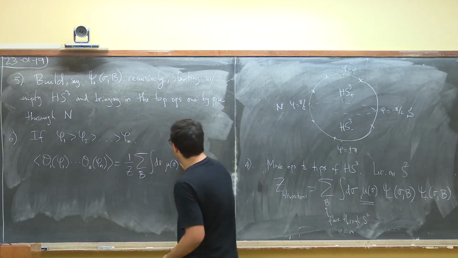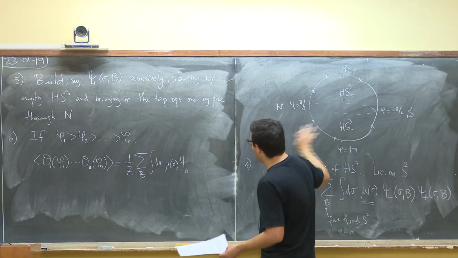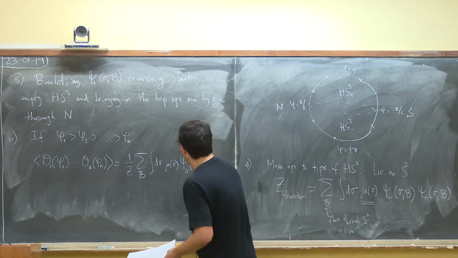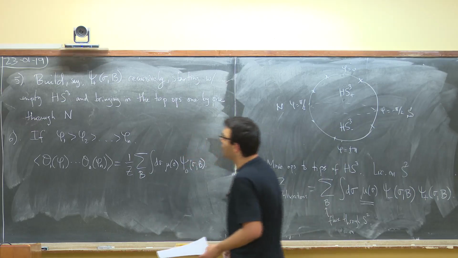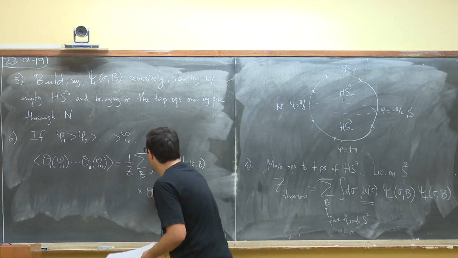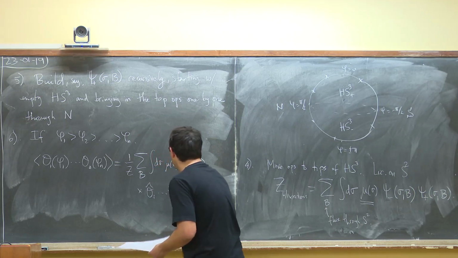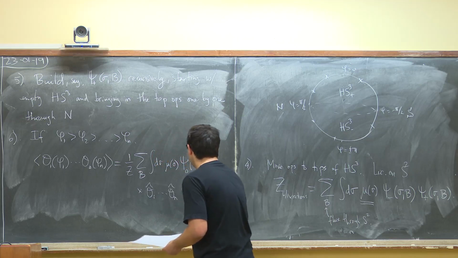So suppose we start with an empty hemisphere. The bottom hemisphere was empty, we didn't put any operators there. So we have psi 0 of sigma and b, which is just the wave function of the empty hemisphere. And then we have some operators, O1 hat through On hat, acting on the wave function of the empty hemisphere.